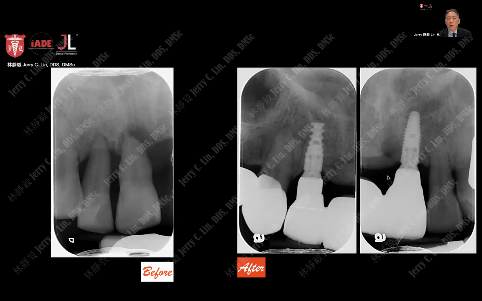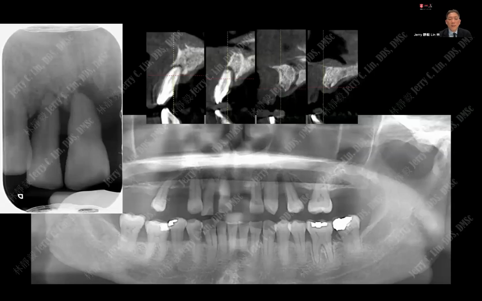And this is before and this is after, with 2 implants and pontic development for aesthetics. And this is the CAT scan from before the procedure. So the patient has certain bone loss and buccal dehiscence and some lingual bone loss as well.